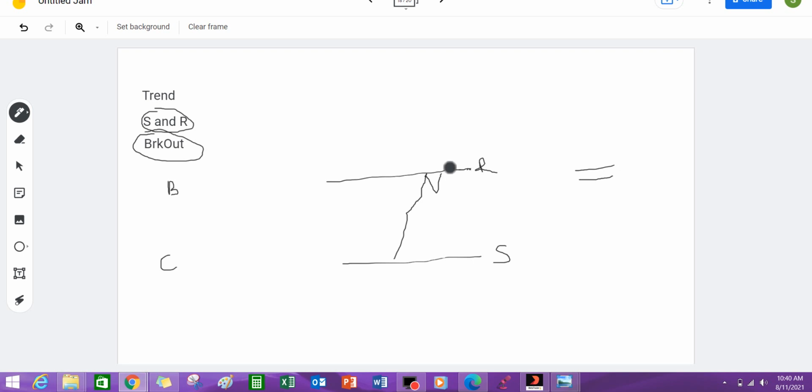So once it breaks out from this resistance level, you are likely to have more spikes happening, so you should take note of that. That is also very important, because it is breaking out from this resistance level, thereby turning this resistance level into a support.